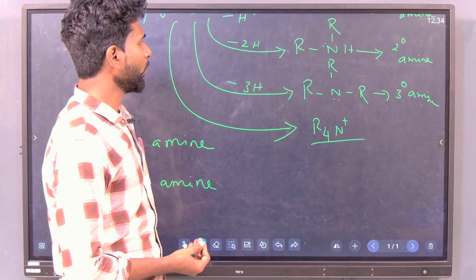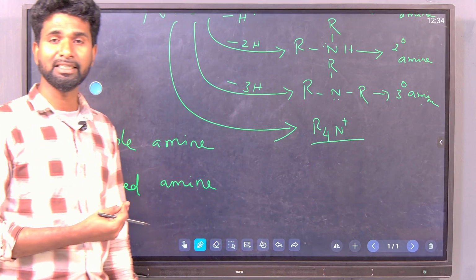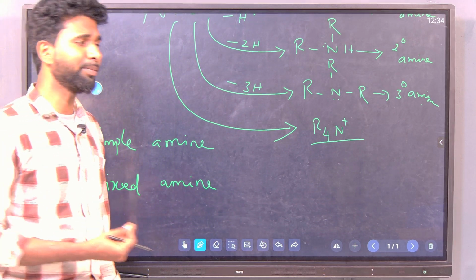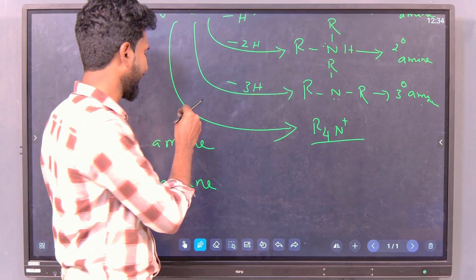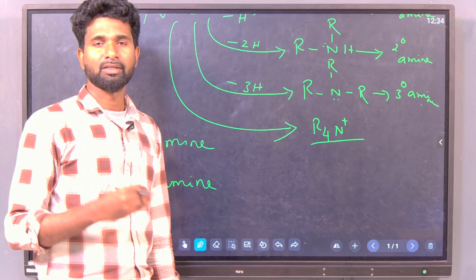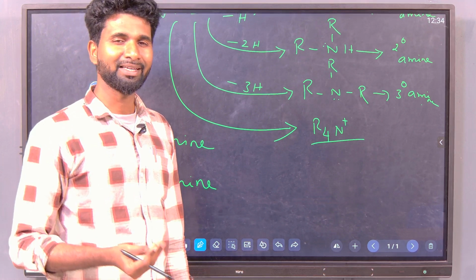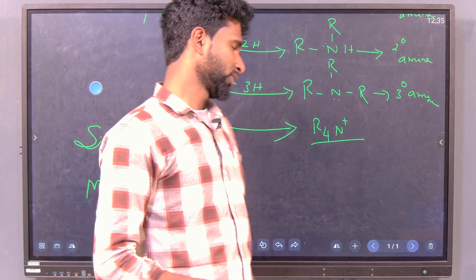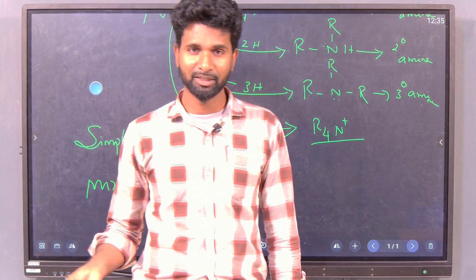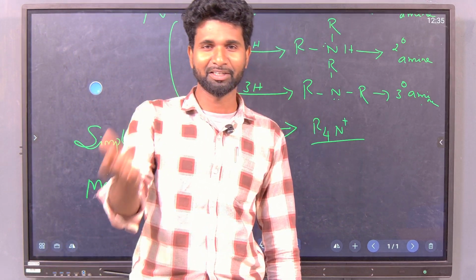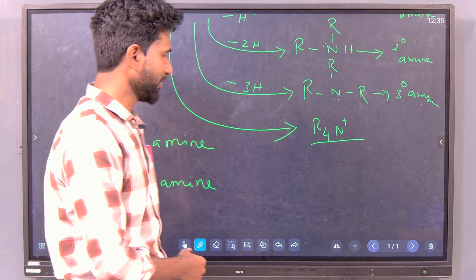If the two alkyl groups connected with the nitrogen are the same, that is symmetric, it is called a simple amine. If they are different, we say it is a mixed amine. It's like ethers. When we study ethers, we classify simple ether and mixed ether. The same alkyl group connected with the oxygen is called simple ether, two different groups means mixed ether. Same here also.